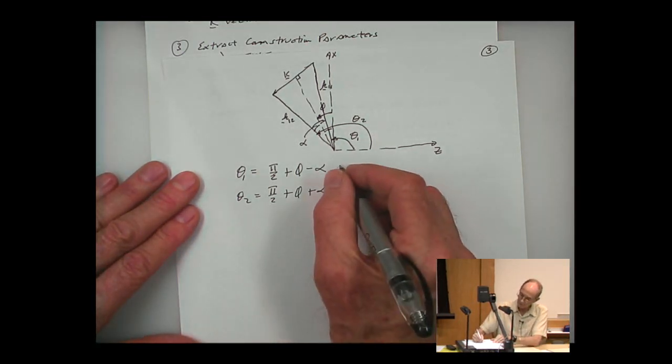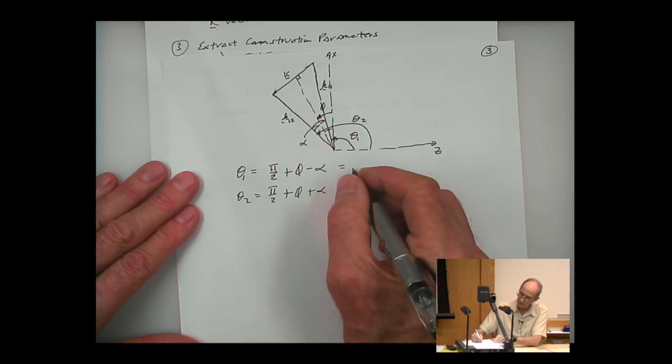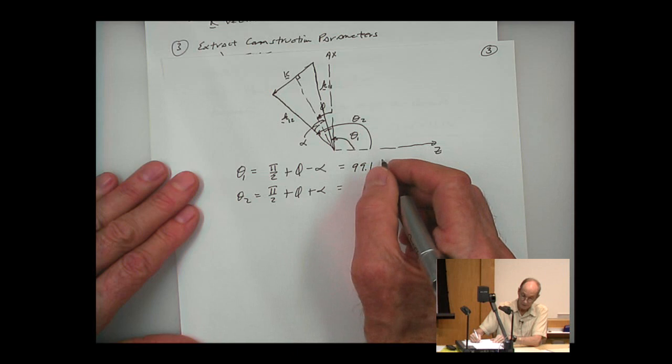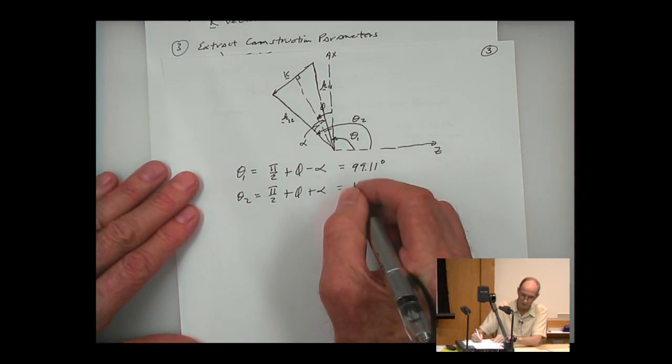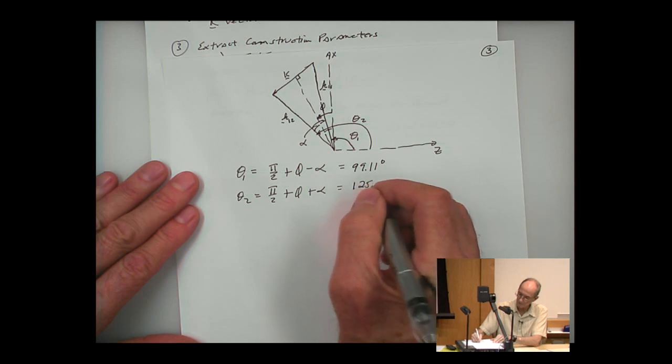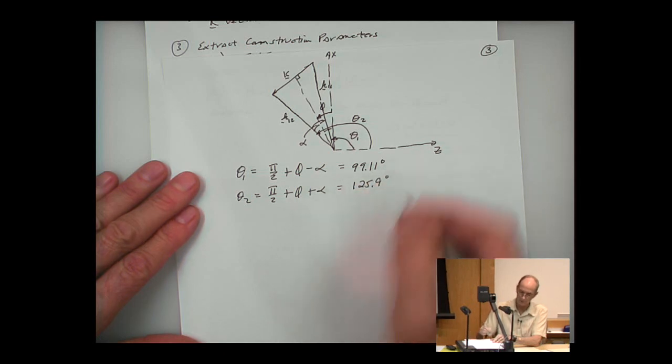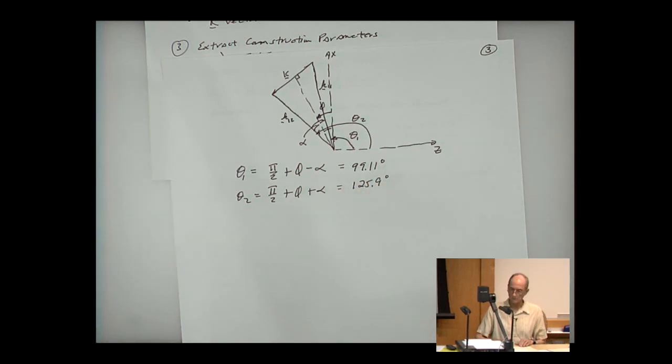And for this case, the first angle is about 99.111 degrees, and the second one is about 125.9 degrees. Okay. So that's what we have, and that's how we can end up doing a design. These angles are a little bit too large.